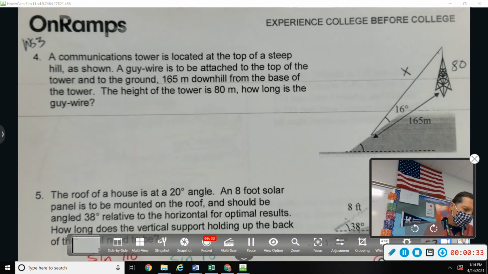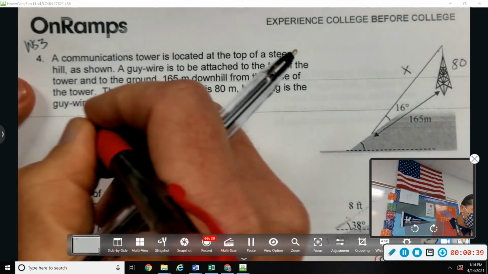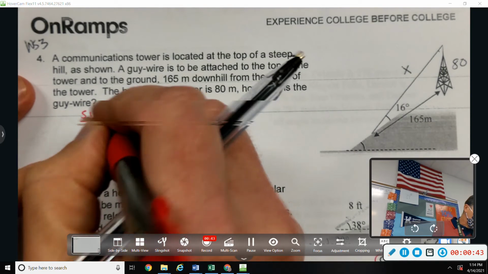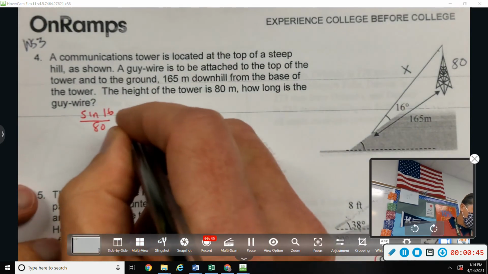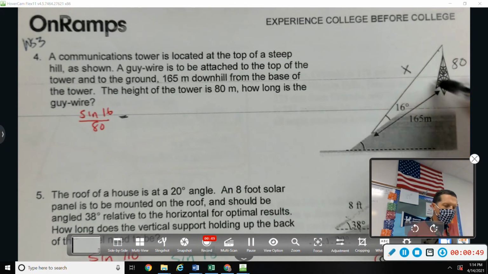Let's see. I'm thinking right away law of sines because I have an angle side pair. So sine of 16 over 80 equals, I would like to use x, but I don't know the angle across from x.